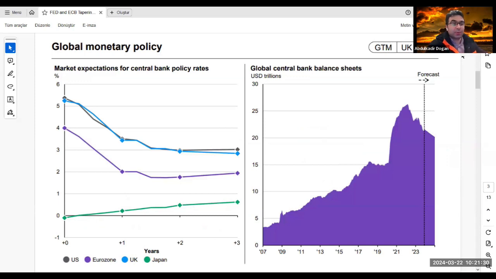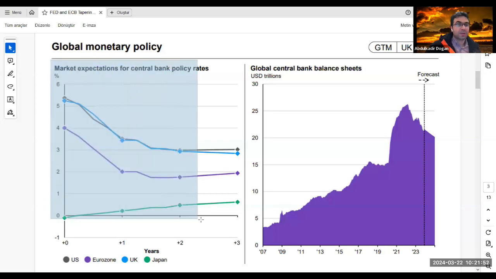Please look at the slide first for 20 seconds to try to understand what we are trying to cover here, the basic principle in monetary policy operation. What we mean here is the global monetary policy, market expectation for the central bank policy, and global central bank balance sheet. On the left-hand side, we have market expectation for central bank policy rates.